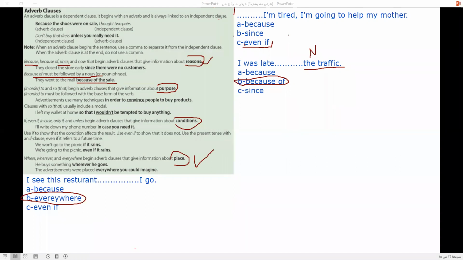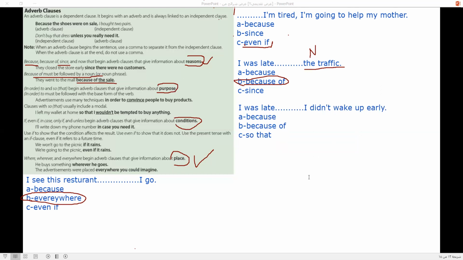Okay, if I use the same sentence but in another way. I said I was late. I didn't wake up early. And I have A because, B because of, and C maybe so that. What do you think? I was late. I didn't wake up early.